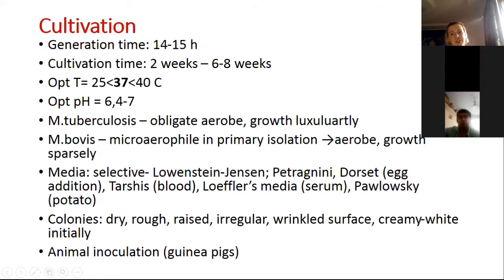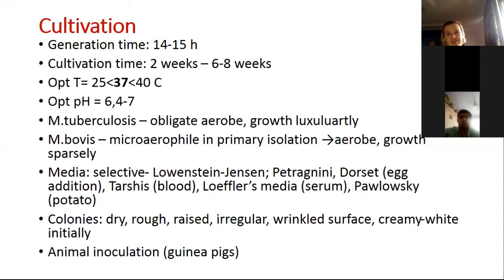Cultivation. This bacteria grows so slowly, and we will not detect the bacteria after the typical incubation time of 24 hours. We should wait, a minimum of 2 weeks. Typically, we can detect the first small colonies after 3 weeks of incubation, 21 days.